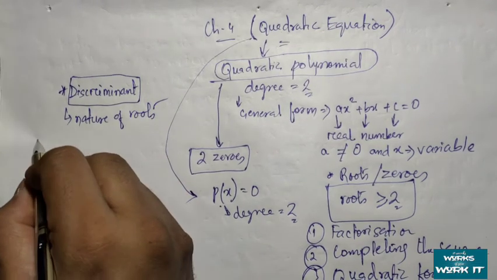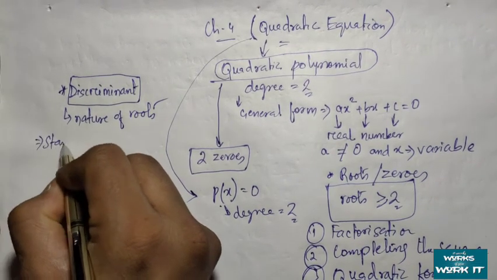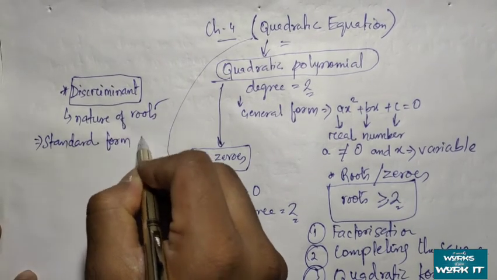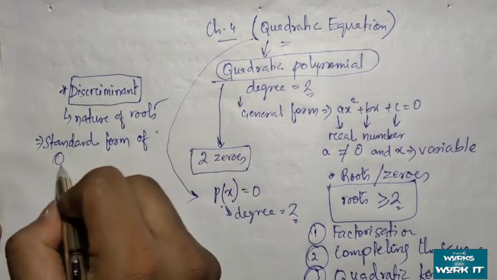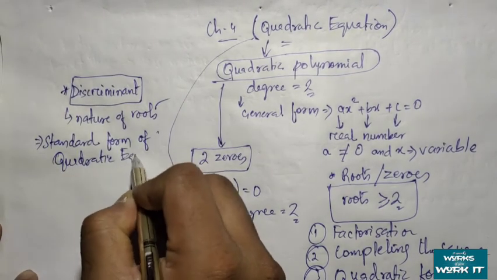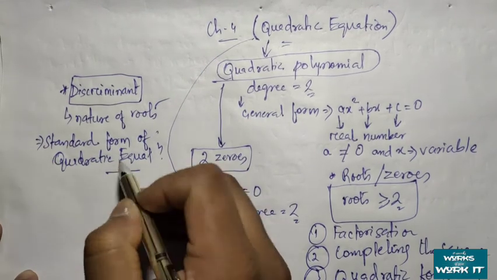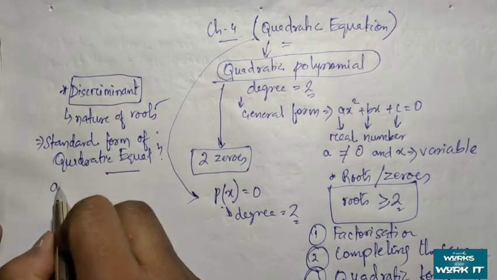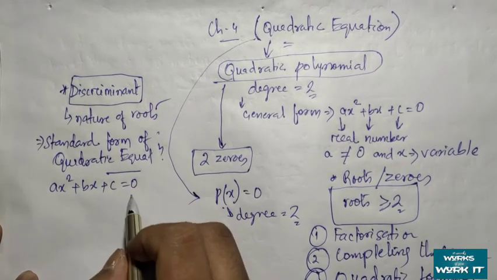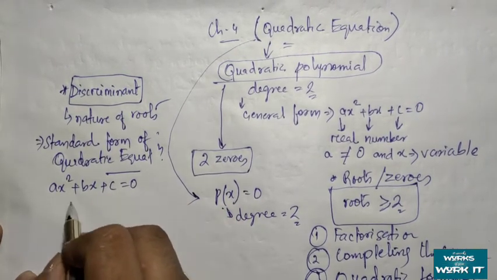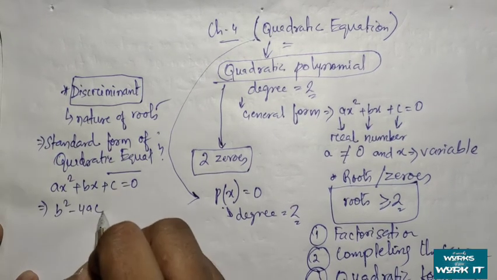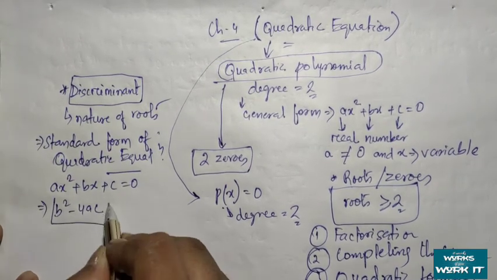If I take the standard form of a quadratic equation, ax square plus bx plus c is equal to 0, then b square minus 4ac becomes our discriminant.